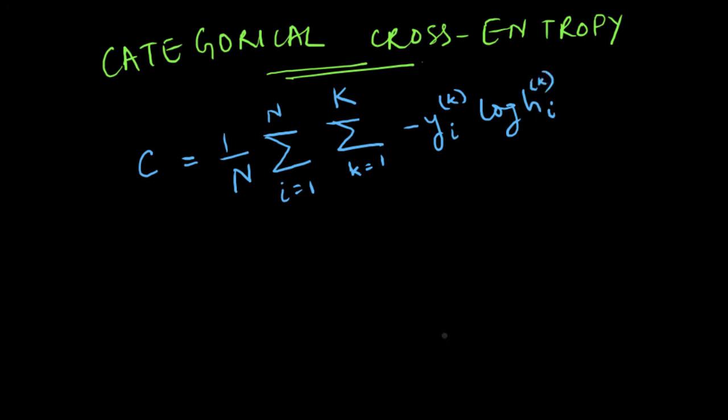So this is just a generalization of the binary cross entropy function. So in the binary case, you have two terms because your capital K is just equal to 2. But in the categorical case, you can have multiple classes. So you just take a sum over all the various possible values of k which go from 1 to capital K. So that's all. Your problem is solved.